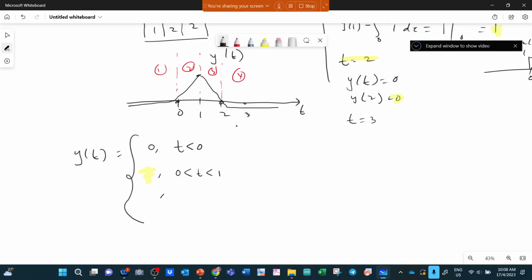Okay, next is between 1 to 2. And next, this one also we leave it empty because we know that there's a slope here. This will be positive and minus, negative. And next one will be t more than 2. Okay, this one will be 0.